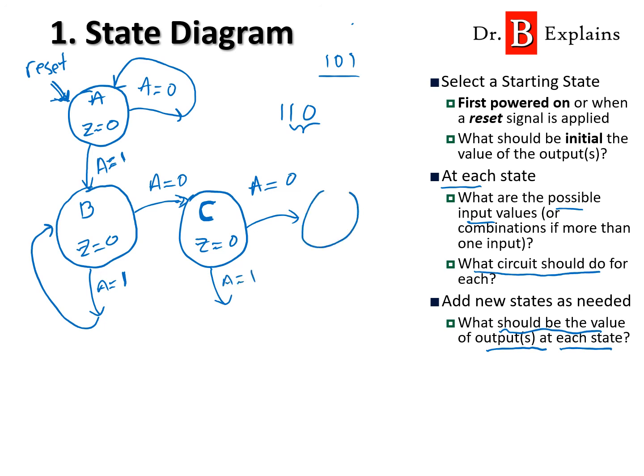So now think about this. I started here, I go there, so I have a 1, and then I have a 0, and what about if I get another, so at this point I have a 1 and a 0. Now, what if I get another 0? So that's a 100, right?